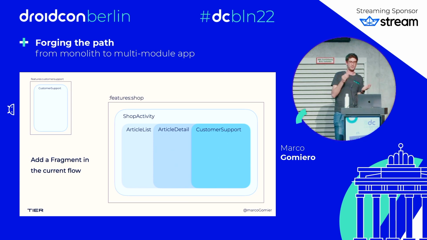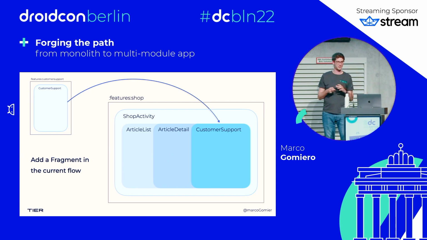For example, launching the customer support fragment integrated into the shop flow, but not starting an external activity for that. And this is for covering the non-success flow I was showing before.